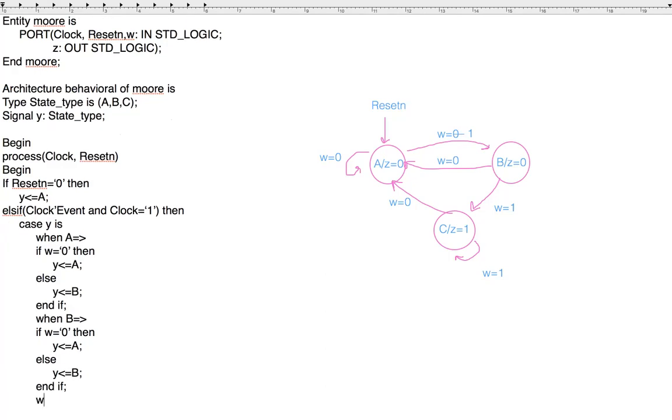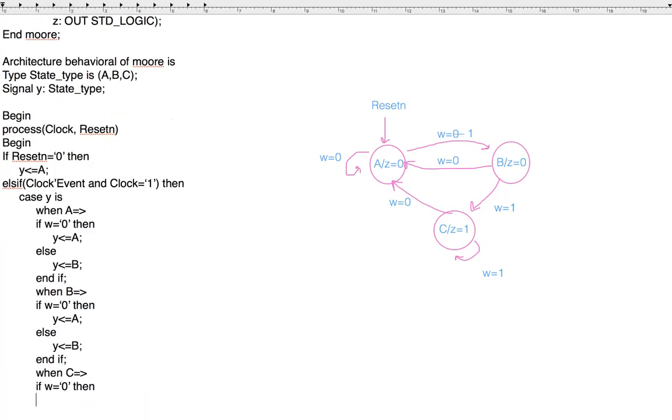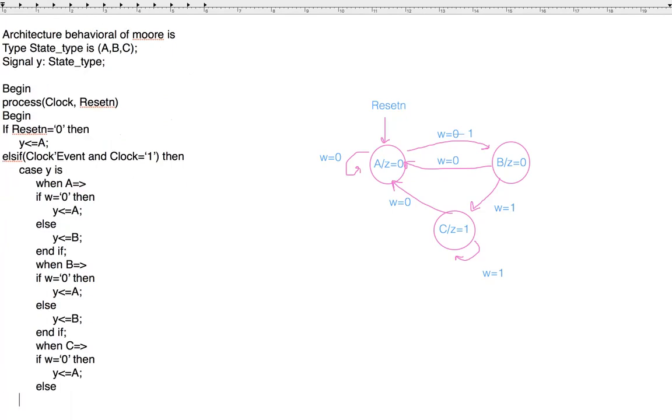Then when C, if W is equal to 0, Y will go to A, and else Y is going to stay in C. And end if.